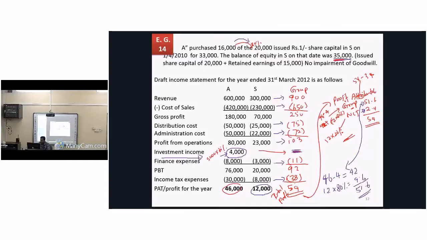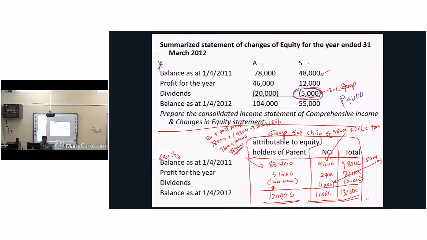We are going to learn a new part for this, this red colored one. We are going to prepare the statement of owner's equity. How to prepare the statement of owner's equity? Look, total equity attributable to equity holders of parent and NCI, and this is the NCI part.